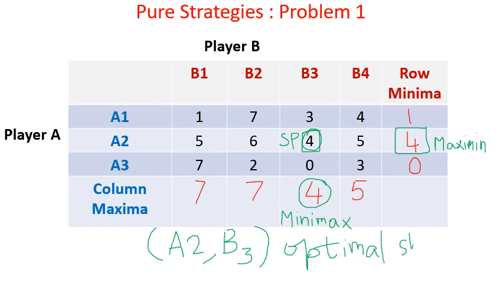This will be your optimal strategy. And that value of 4, which lies at the intersection of both optimal strategies at the saddle point, is your value of the game.